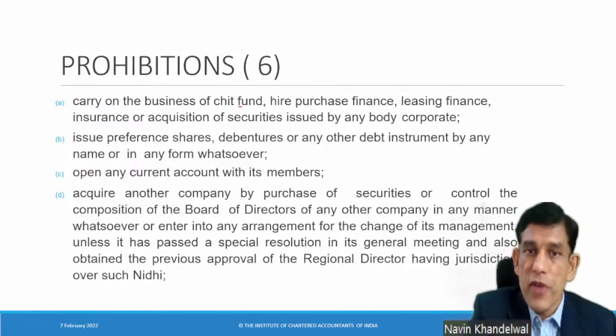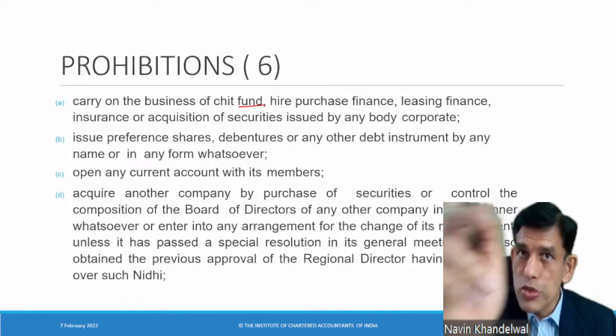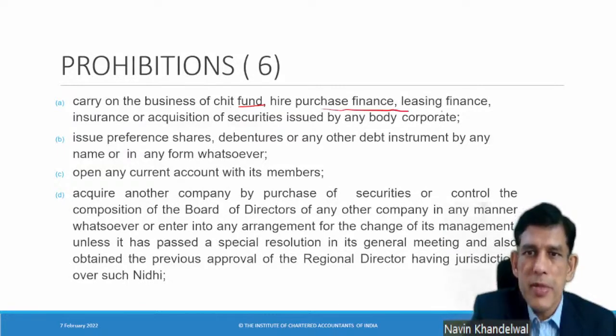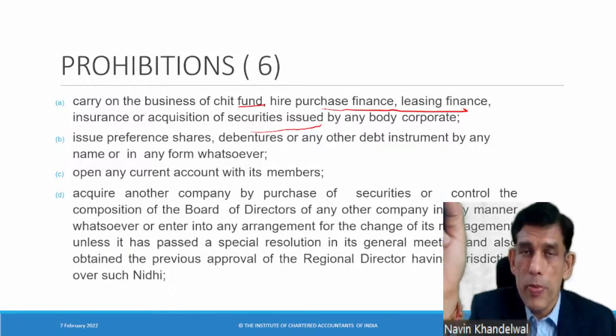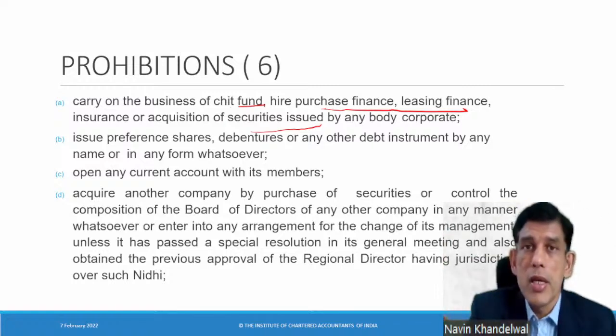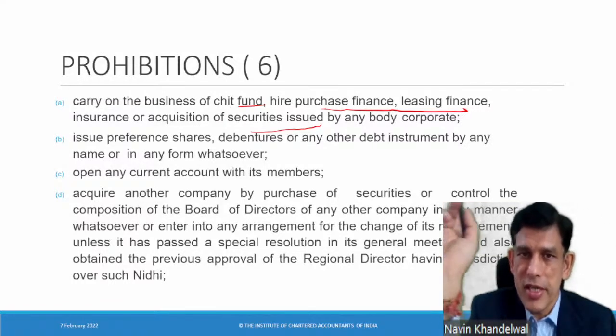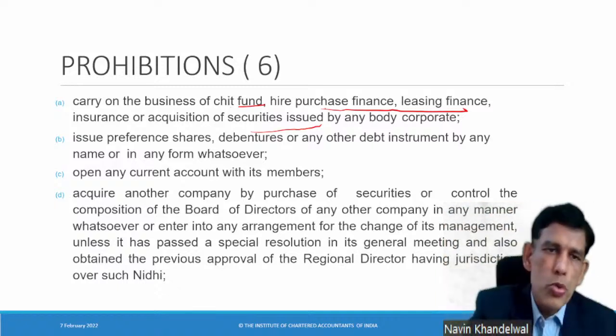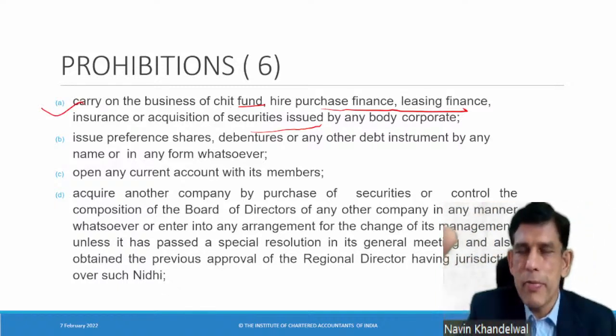Carry on the business of chit fund. That means they are not allowed to do chit fund business. Hire purchase, lease, insurance, acquisition of securities issued by any other body corporate. That means they are not allowed to invest in equity instruments of private limited companies or even listed companies. So their domain has been restricted, for the members by the members. That's it.